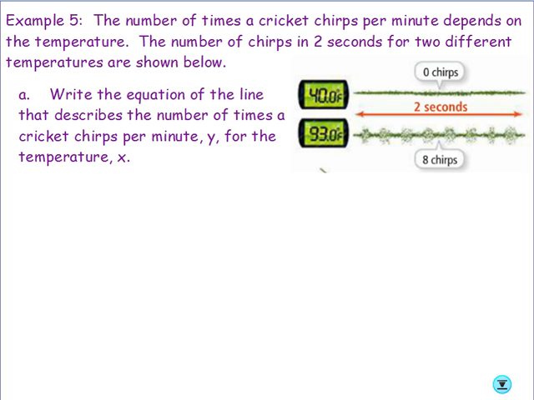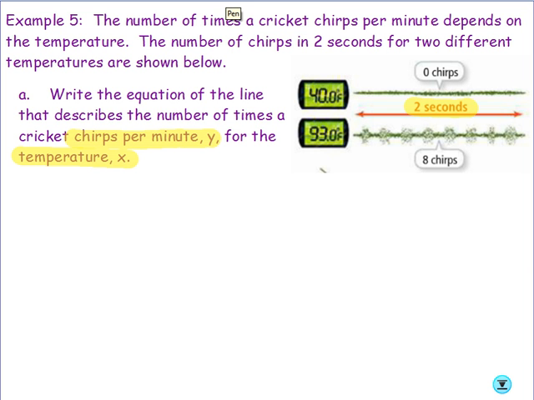So let's highlight some important things. First of all, we know that chirps per minute is y, and temperature is x. Well, there's a small problem here. Our chirps need to be in minutes. If you look at our data over here on the right-hand side, it has seconds.